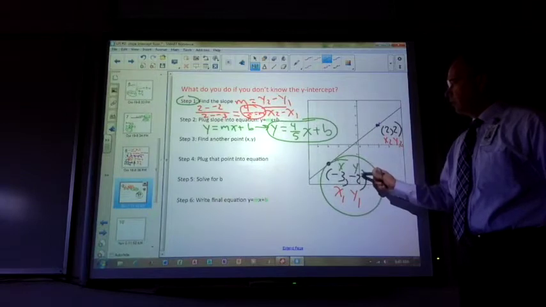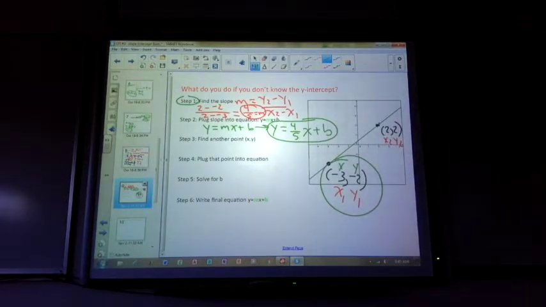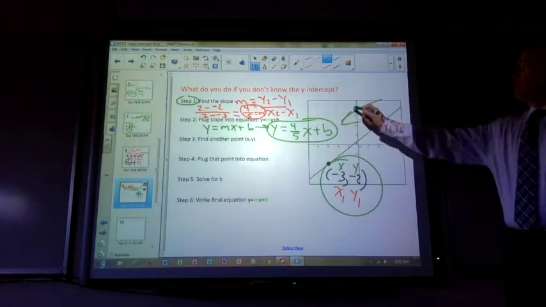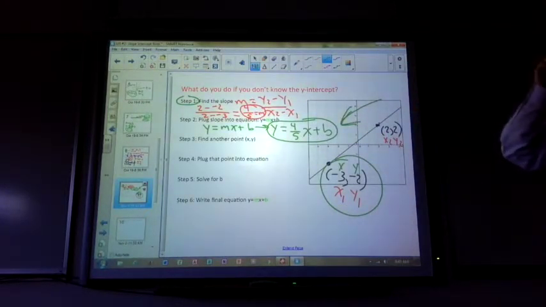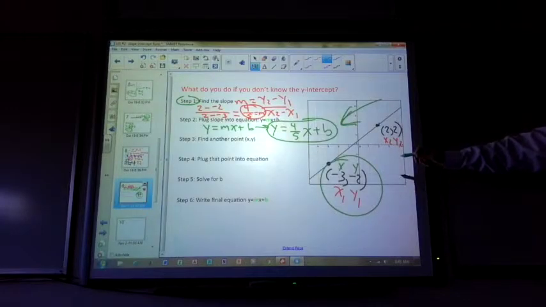Now I'm going to just label it x and y. What do you think I'm going to do with this x and y with relationship to our new green equation? So what are my unknowns right here on this equation right now? X, y, and b. What did I now define this as? X and y. What is my unknown then?